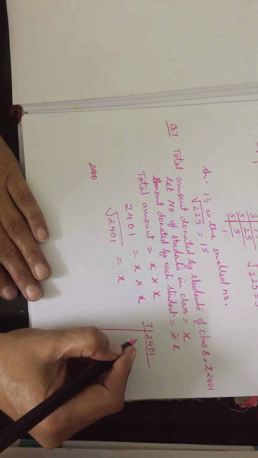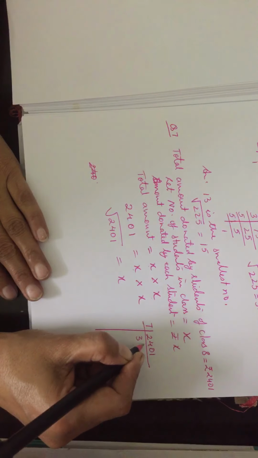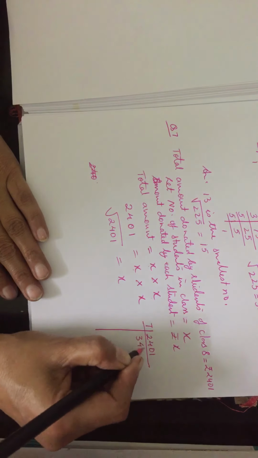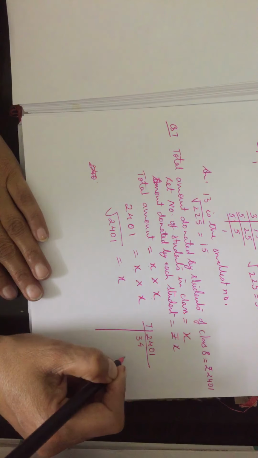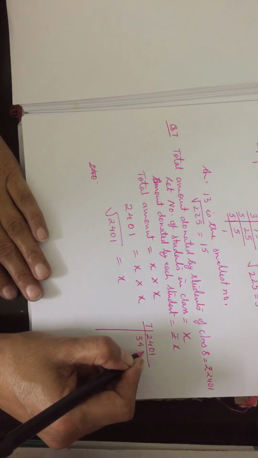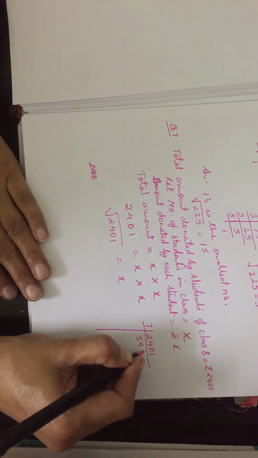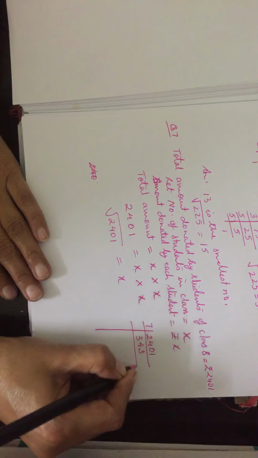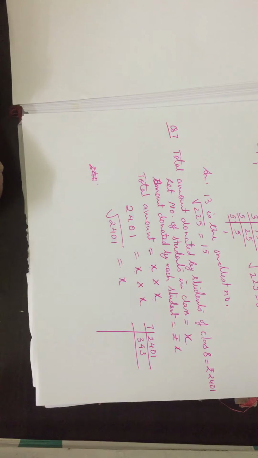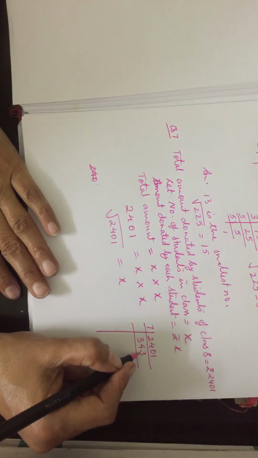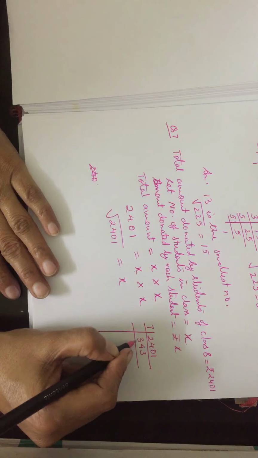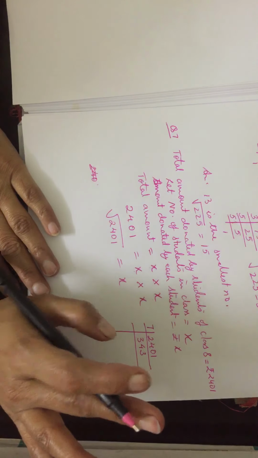So 7 3s are 21. 4 minus 1 is 3, bring down 0, 30. 7 4s are 28. Remainder 2. 7 3s are 21. We get 343. Now again, 3 plus 4 is 7, 7 plus 3 is 10, which means it won't be divided by 3.